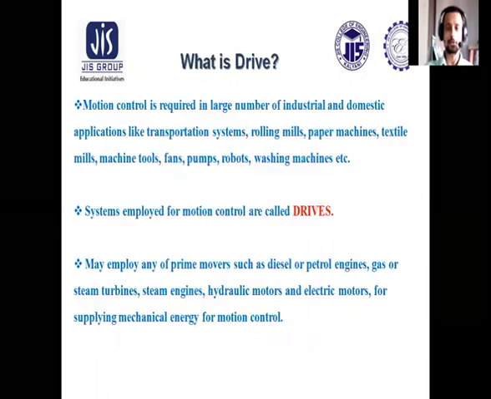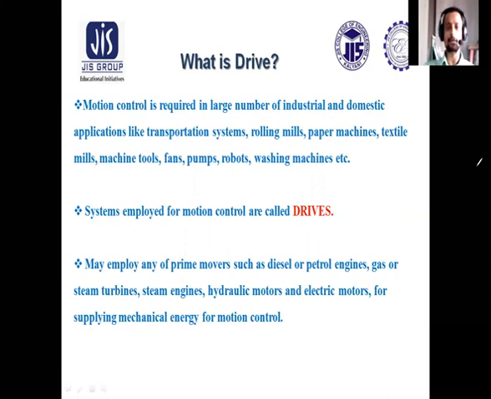So let us start with what a drive is. As written here, motion control is required in a large number of industrial and domestic applications like transportation systems, rolling mills, paper machines, textile mills, machining tools, fans, pumps, robots, washing machines, etc. So there is a wide area of application of industrial or domestic motors in order to control motion to run a process.